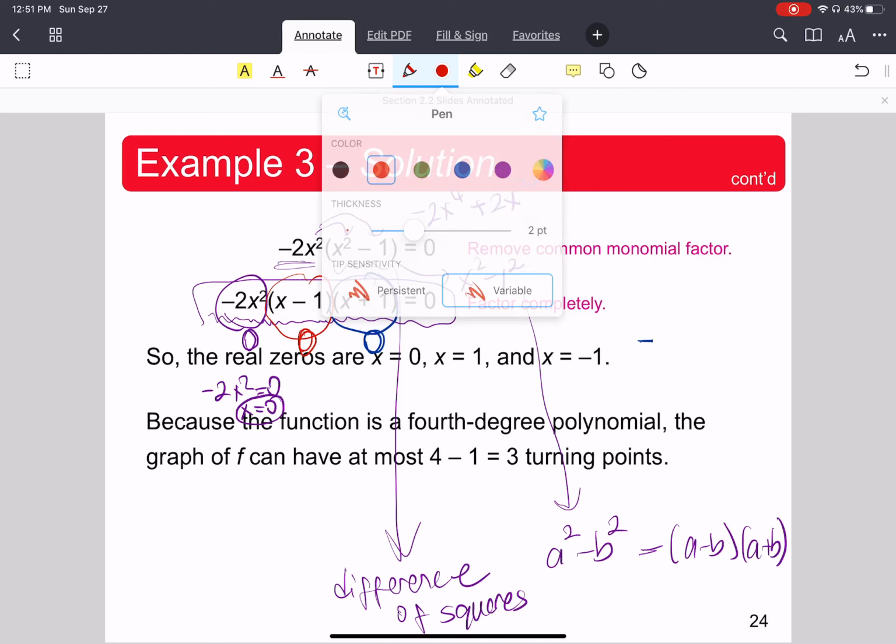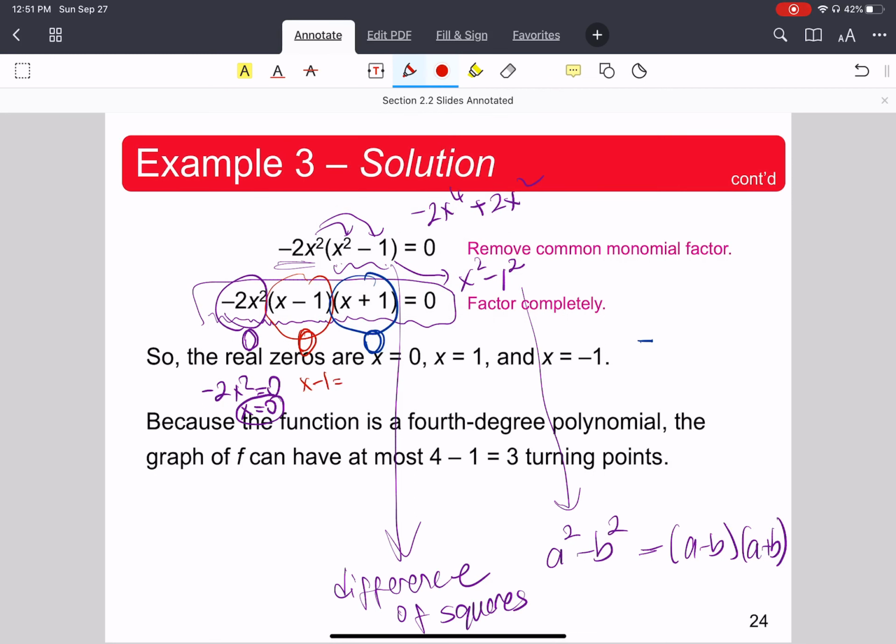The second scenario, what if x minus 1 is 0? In that case, x is 1. The last scenario, what if x plus 1 is 0? In that case, x equals negative 1. So x equals 0, x equals 1, and x equals negative 1 are my zeros.